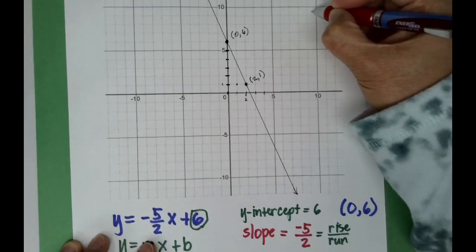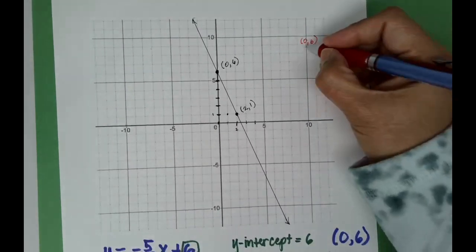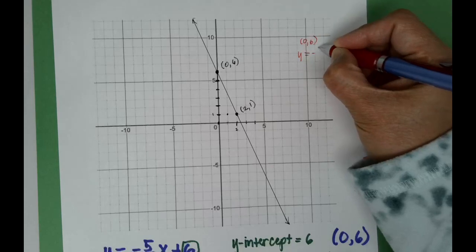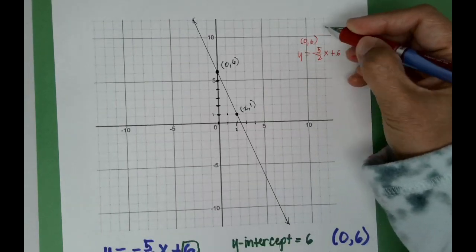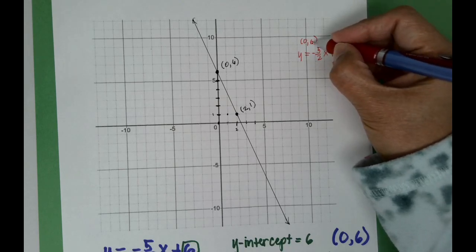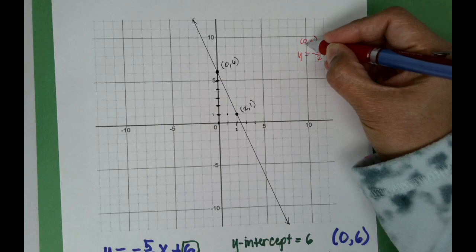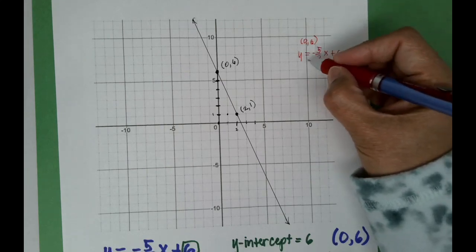If we substitute (0, 6) into the equation y equals negative 5 halves x plus 6, y is 6 and x is 0. Will that be true?